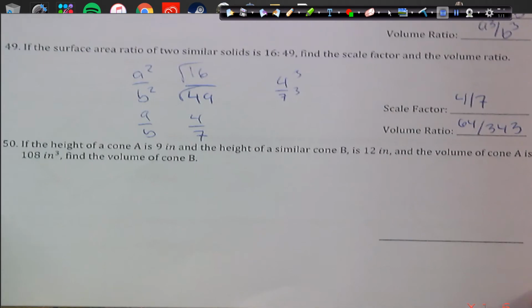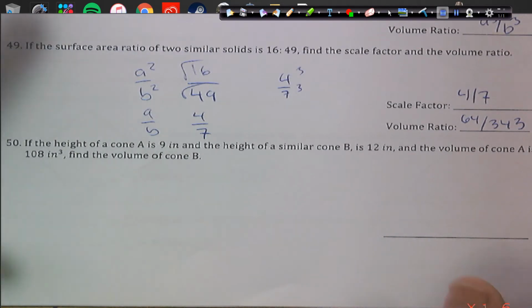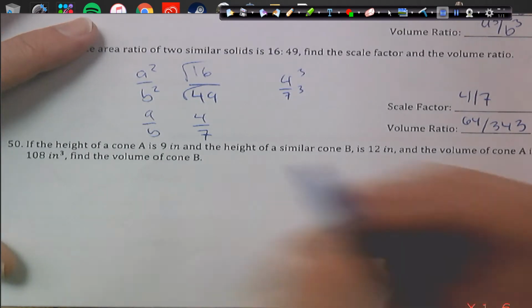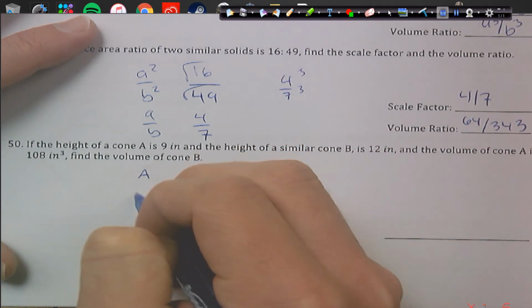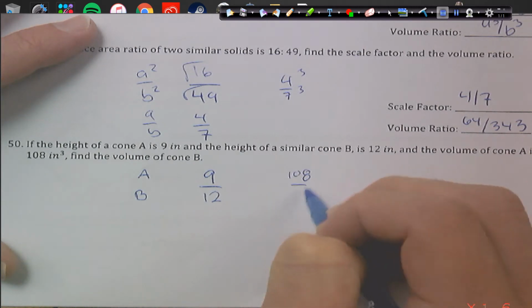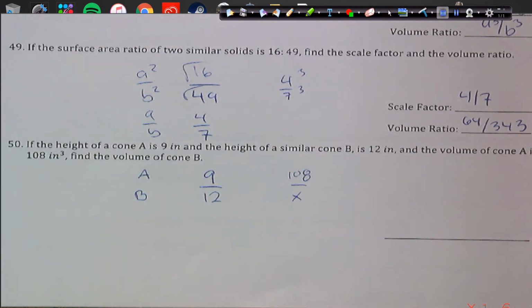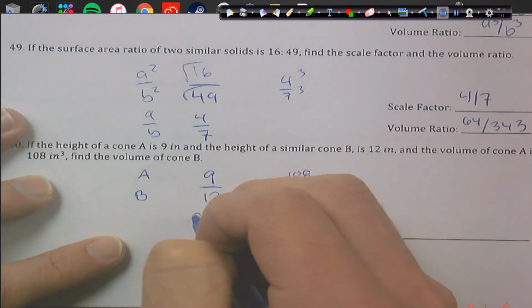If the height of cone A is 9 inches, the height of cone B is 12, and the volume of cone A is 108, find the volume of cone B. So we have 9 to 12, so this is doing A over B, versus 108, and we don't know. Now, here's the thing. This side, we're talking about just basic scale factor.